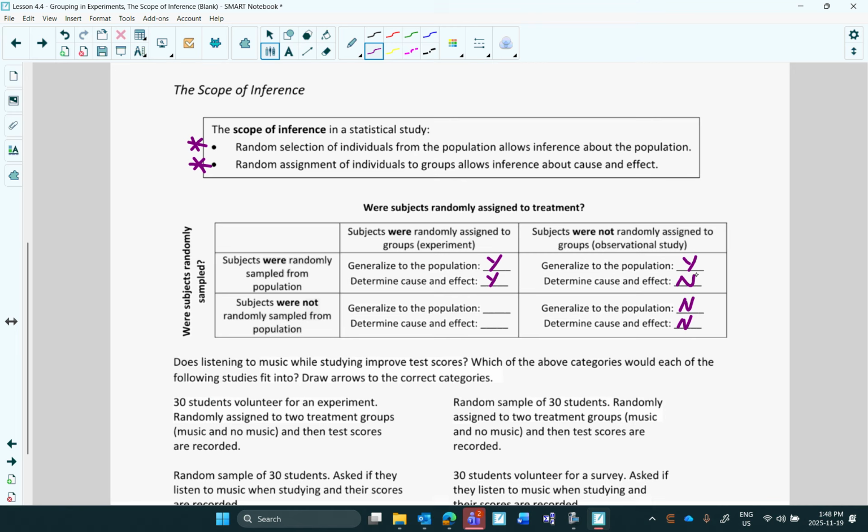If they were not randomly sampled, but they were randomly assigned, okay, then I can make a conclusion about cause and effect, but I can't generalize it to the population. This happens a lot, this one. Okay, it's hard to randomly select people from a population. A lot of times they get volunteers. So you have to be careful how you generalize.